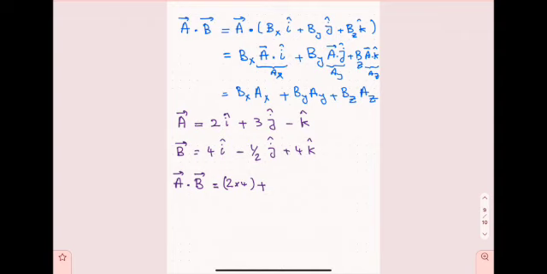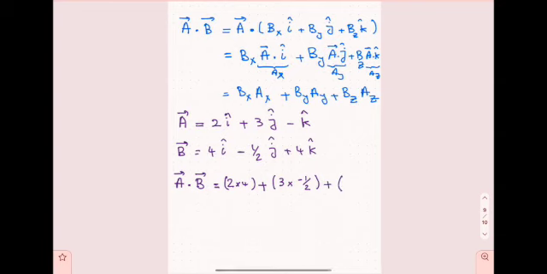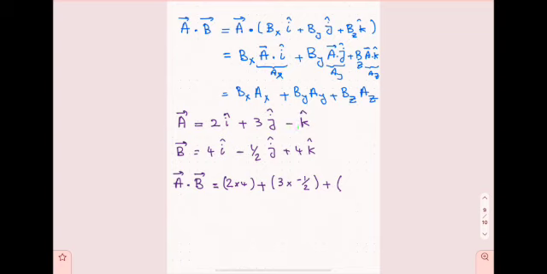So this gives us 3 times, be careful here, this is minus 1/2. And similarly for the z values, it is here minus 1, and this is 4. Yep. So minus 1 times 4.